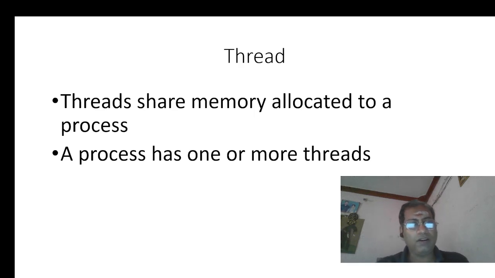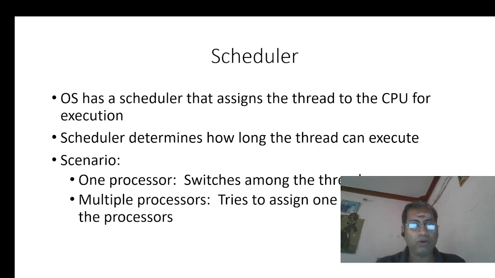Now, what is a thread? Threads share memory allocated to a process. A process can have one or more threads. And finally, what is a scheduler? The OS has a scheduler that assigns the thread to the CPU for execution for some time depending on the algorithm.